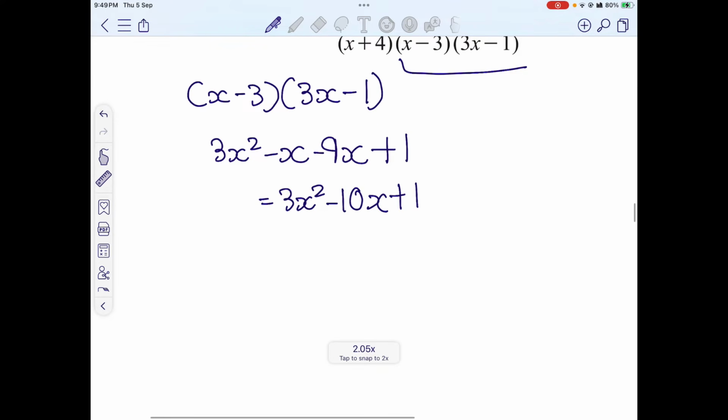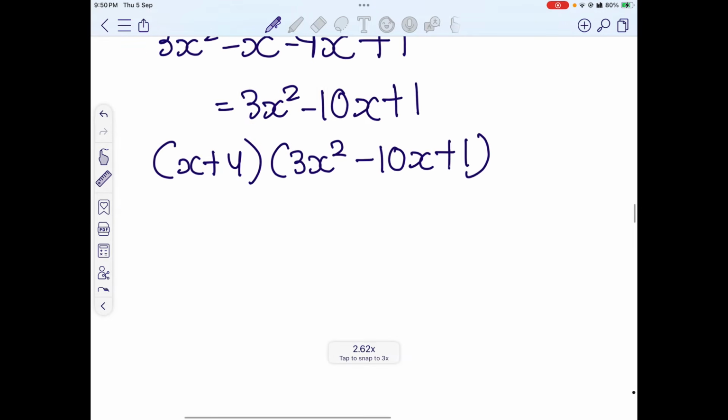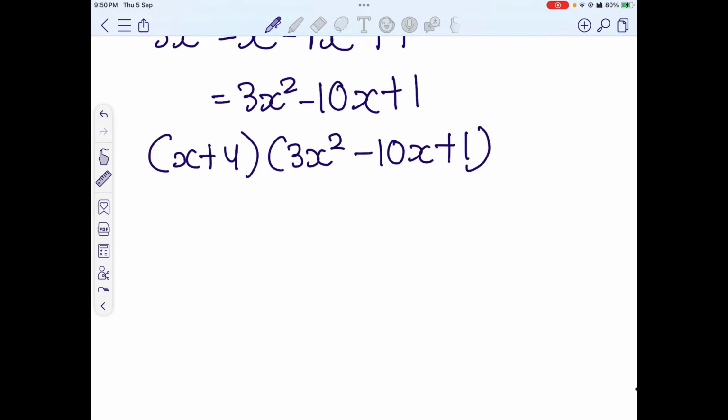Then the next part is you take x plus 4 and multiply it with 3x squared minus 10x plus 1. Now all of these terms are going to be multiplied with x, if you want to do it quickly. So 3x squared into x would be 3x cubed, negative 10x into x is negative 10x squared, and this would simply be an x.